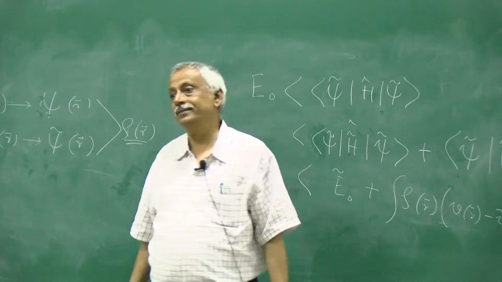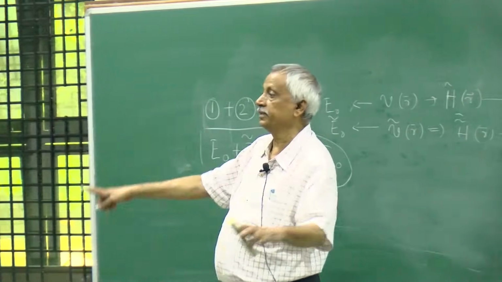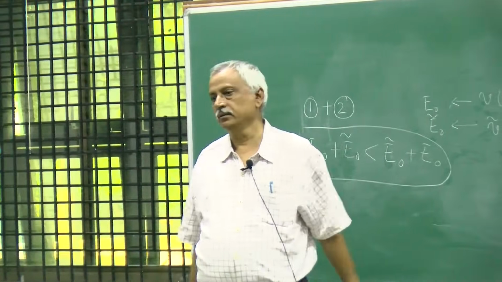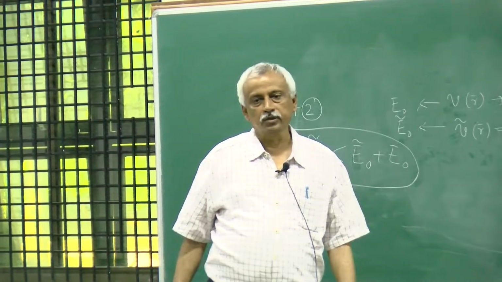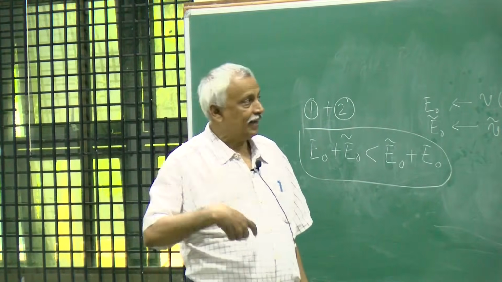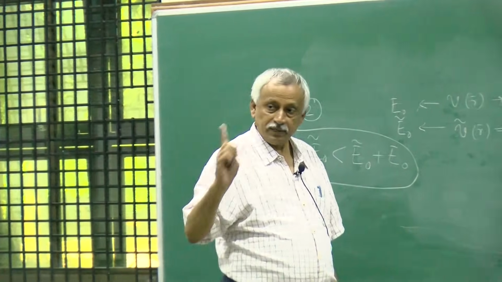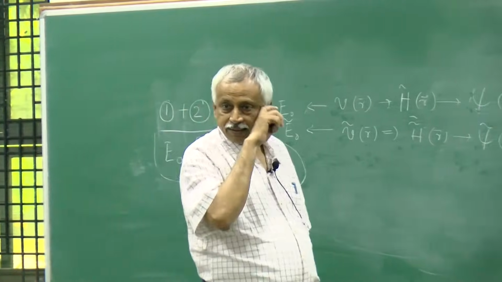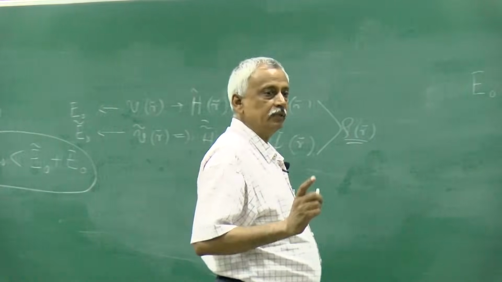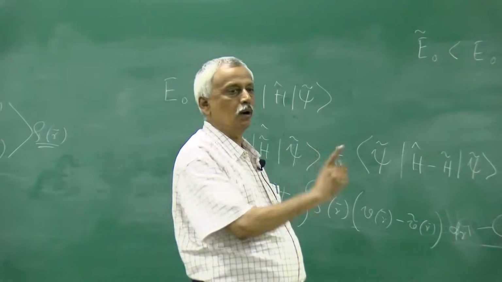So what it says is that if your potentials are different, densities must be different. You cannot have the same density from two different potentials. That means the density-potential map is unique, and one density can give you only one external potential.